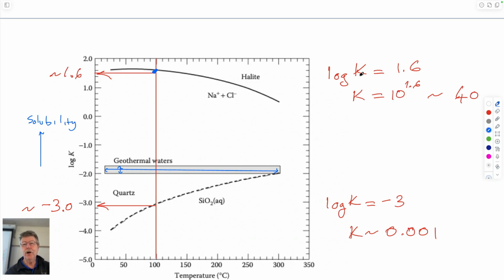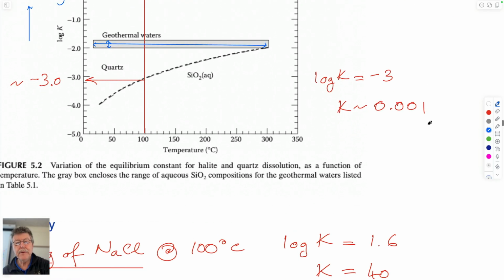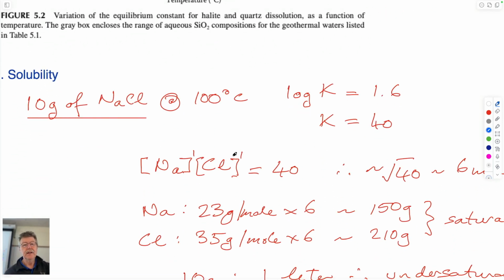And so log K is equal to 1.6, so you take 10 to the power of that, and you find out that the value of this is 40. So the magnitude of this is 40. And so from that previous expression that we just had, the stoichiometry of sodium and chloride is 1 to 1 as we go there, so their exponents are to the power 1. The value of K is 40, which is equal to this equilibrium constant here.